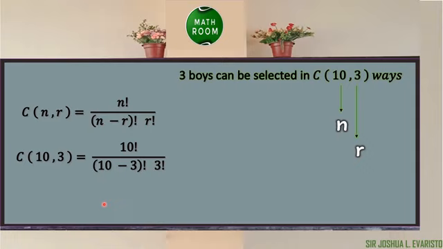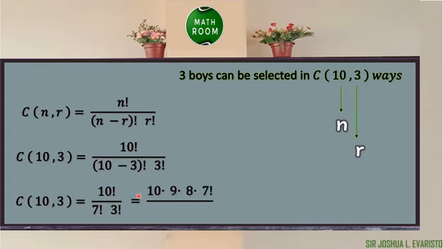Let's compute inside the parentheses. We have 7 factorial coming from 10 minus 3 quantity factorial. Our next step is to rewrite the numerator in the form of 10 times 9 times 8 times 7 factorial, to cancel 7 factorial on the numerator and denominator.